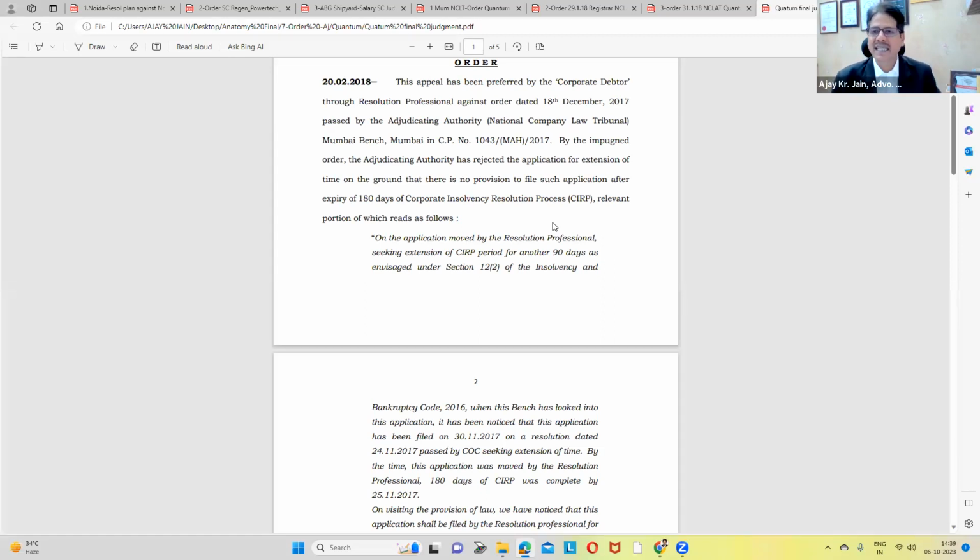So I have taken the same stand: the resolution was passed by the COC prior to completion of the CIRP period. Although we filed the application for extension of CIRP after completion of the CIRP period, that is not barred under section 12. I took the same argument before the Appellate Tribunal, and Justice Mukhopadhyay was there at that time.